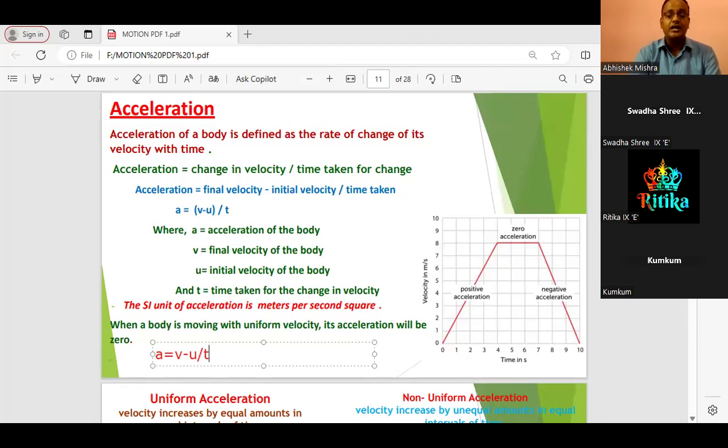Acceleration is the rate of change of velocity. Whenever we say rate of change of velocity, it means we have to calculate the change in velocity over a time period. How much time is taken? So it is v minus u by t.